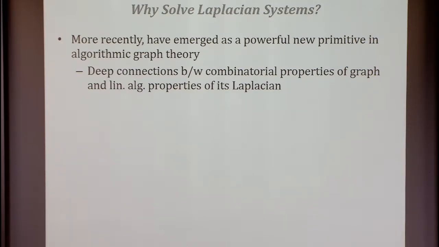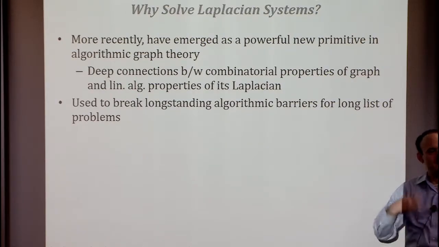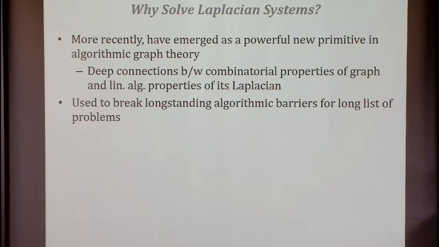There are these very deep connections that we'll exploit in solving Laplacian systems that let us use the graph theoretic properties to control the linear algebra to make fast linear algebra algorithms. But it turns out that you can use these connections the other way. You use the graph theory to speed up your linear algebra, but then once you have fast linear algebra, it's been used recently to get past a whole bunch of long-standing algorithmic barriers for a whole bunch of problems.